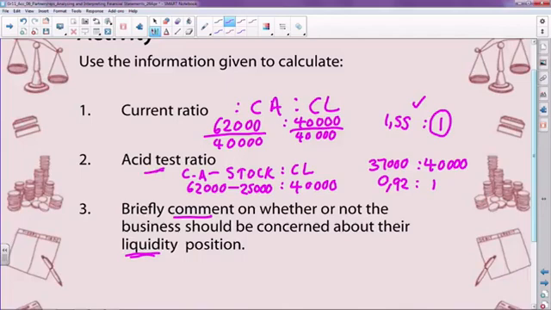If we take away stock, is the business still able to cover their current liability? So that's what this ratio looks at. So for every 1 rand owed, in terms of current liability, the business only has 92 cents in terms of current assets without the stock. Okay, so this situation here, not a pretty picture in terms of liquidity. Okay, you guys got that.